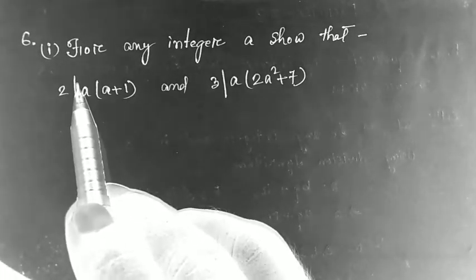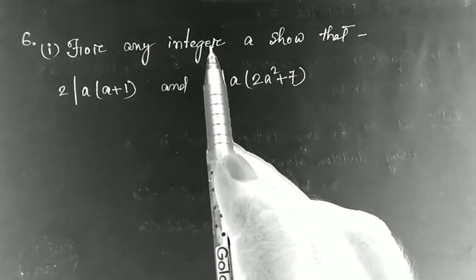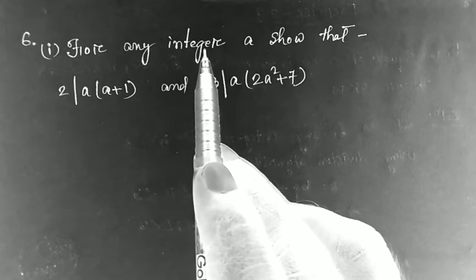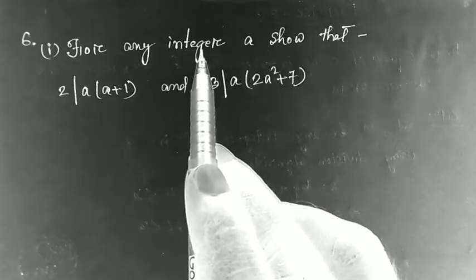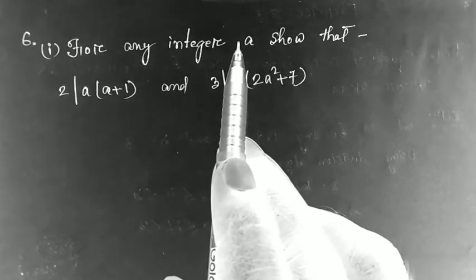So I am doing question number 6, part 1. Question 5 part 2 you can do yourself, very easy. Question 5 part 2 is also present in your general mathematics, no? So same question, so I am not doing it here.